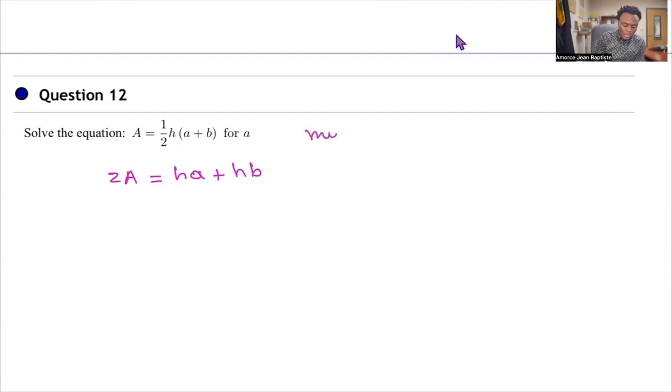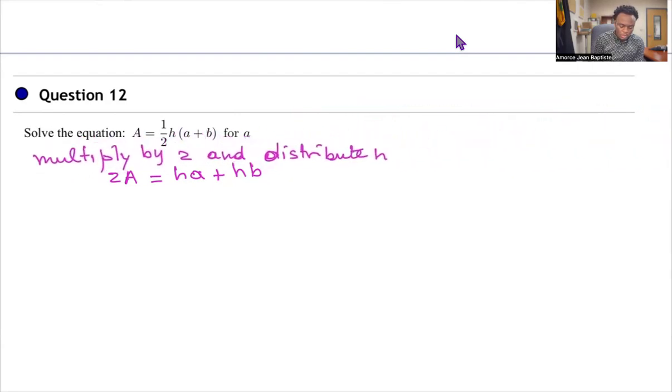We multiply by 2 and distribute H. Okay, so that's what we did here to get this result.